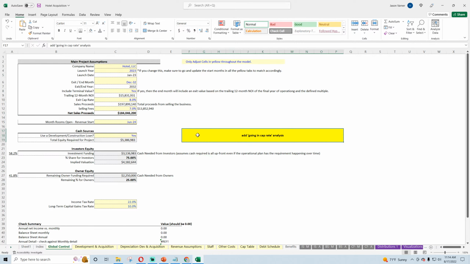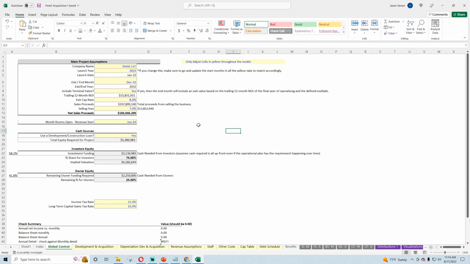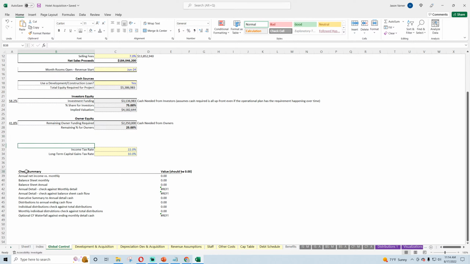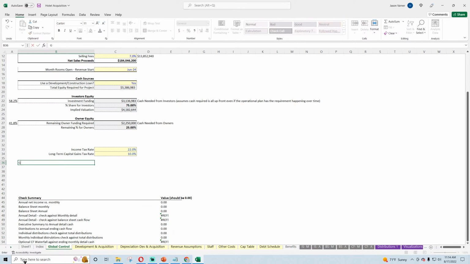So going in cap rate analysis also, we could do that pretty simply. Where do I want to put this? We could pull this down a little bit. So going in cap rate analysis is really simple.